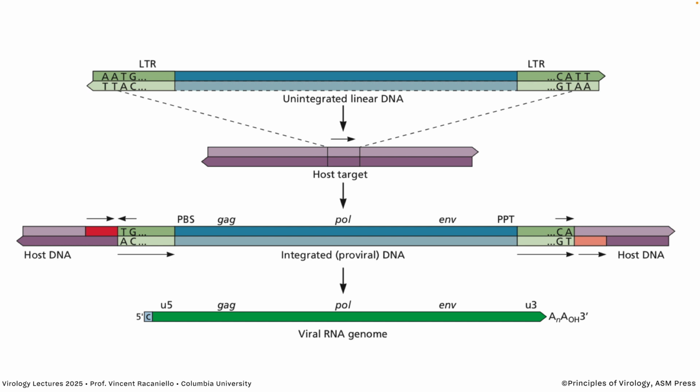You are going to lose a couple of bases of the LTR. Look, we got TG. So we've lost AA. Same thing on the right. And we have duplicated a little bit of host DNA. The red and the orange is duplicated host DNA. You'll see in a moment why that's so.